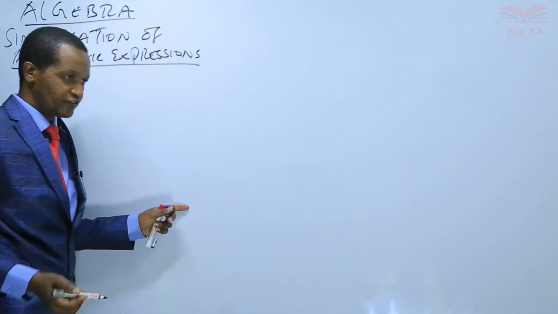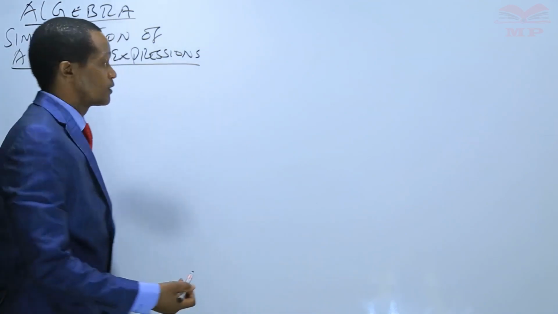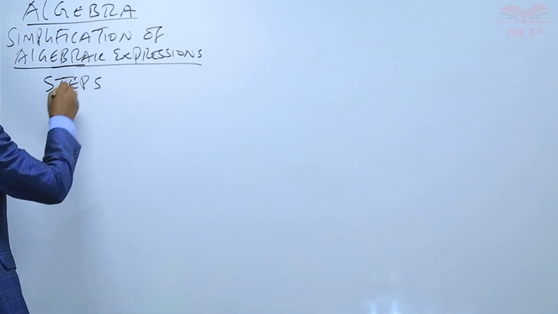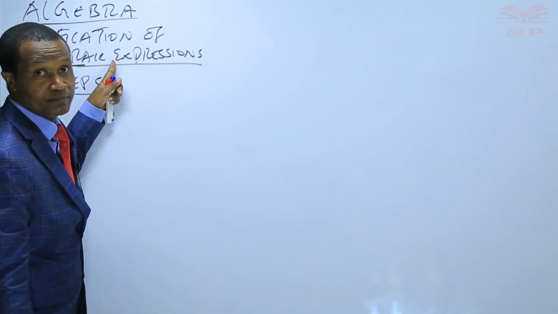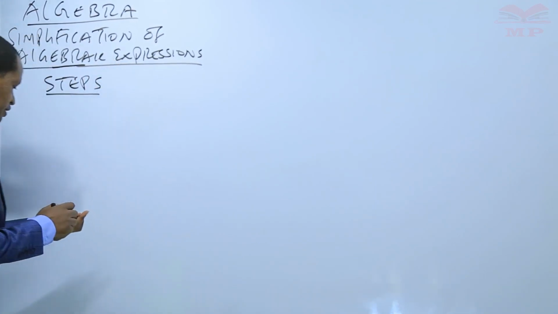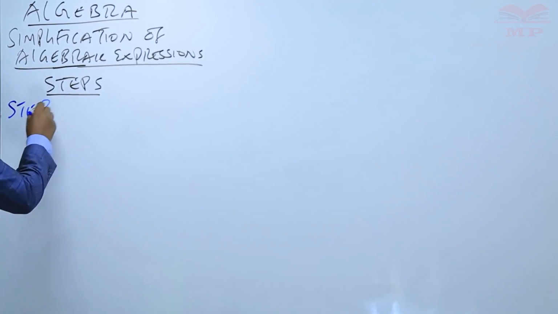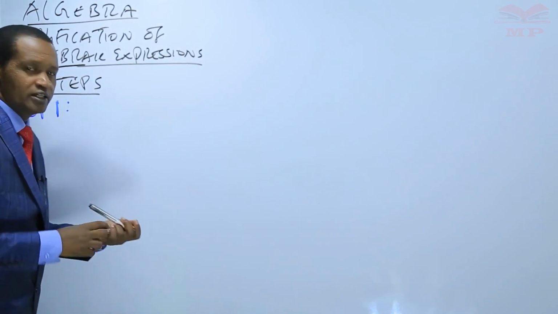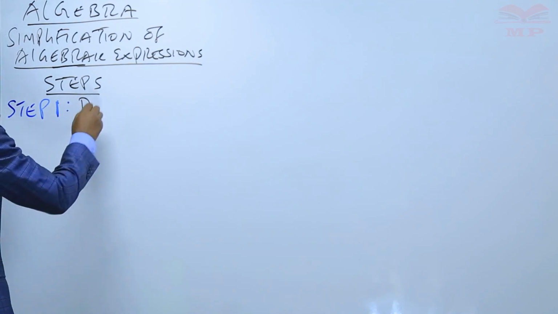Learners, when simplifying algebraic expressions, there are three important steps that should be followed. Steps that should be followed when simplifying algebraic expressions. Step one, I want you to write down. Step one, remove brackets.